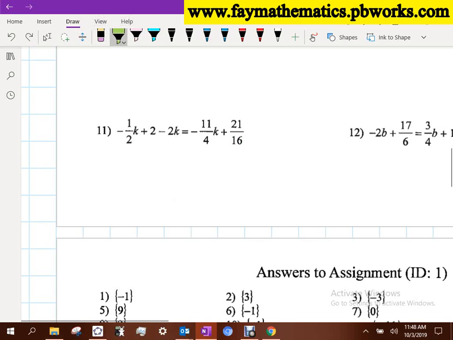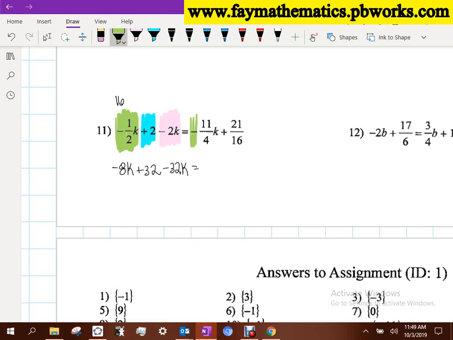So I'll just try to color code this here. So I'll take that one and multiply it by 16. If I do that, 1/2 times 16 is 8, and then that gives me negative 8 times k. If I multiply this one by 16, that's going to give me 32. If I multiply this one by 16, it's going to give me negative 32k.